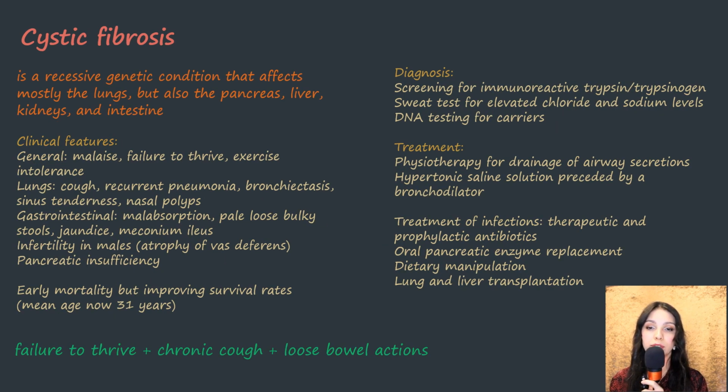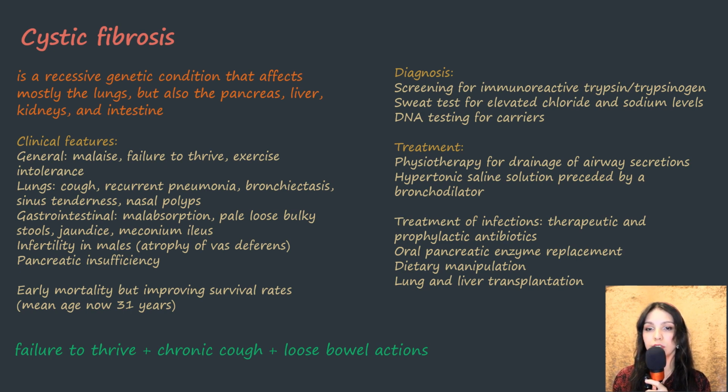Cystic fibrosis is a result of a defect in an ion channel protein, and this defect affects the normal transport of chloride ions, leading to decreased sodium and water transfer, which causes viscid secretions that affect the lungs, pancreas, and gut.